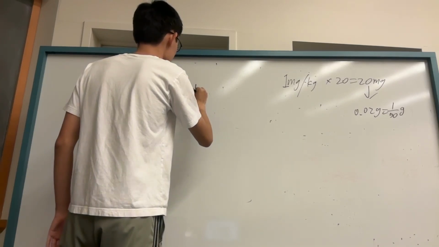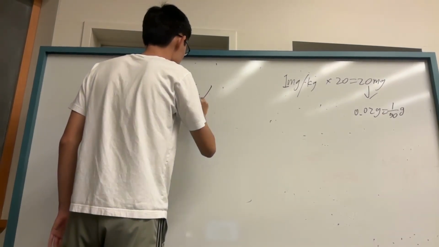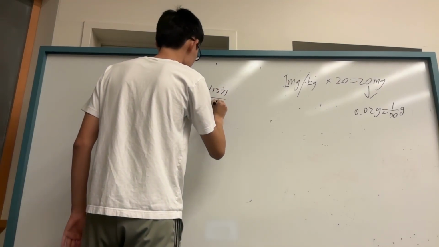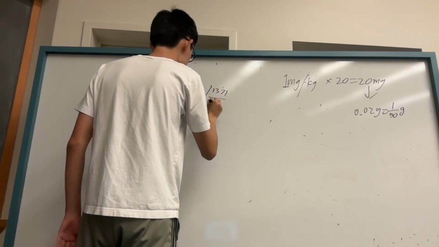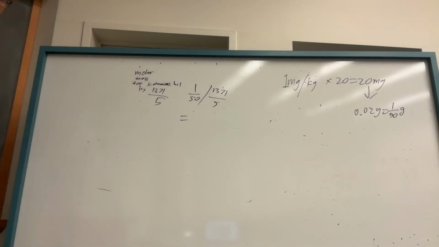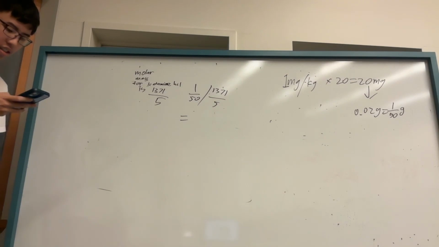So to calculate how many moles are given to this child, we are going to do a simple division. 1/50 divided by this, which is a 5 here. And hopefully you all know how to do this, because dividing by a number is the same as multiplying by its reciprocal.